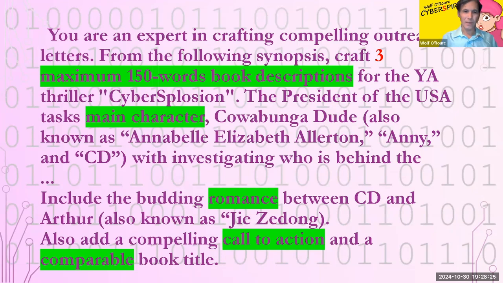Ignore Gigasploit. And for a book description, you want the call to action, and you want it to include a comparable title. This is just since we already asked for it in the previous prompt, which we're going to get better ones when we get the comparable title from the chapter summary, because it's more detailed, but it doesn't hurt asking for it again. It's a freebie at that point.